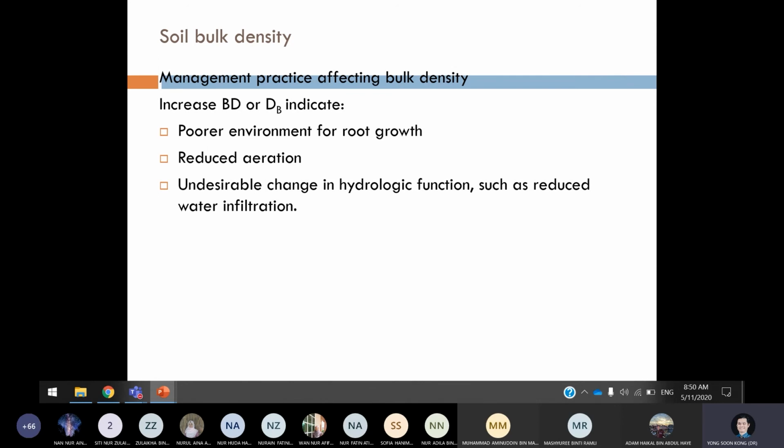If a soil has a low bulk density, that means it has enough air, and that tells us that the aeration should be there, the infiltration should be there because of air inside the soil. So these two factors are very, very important to allow healthy germination from the seeds.